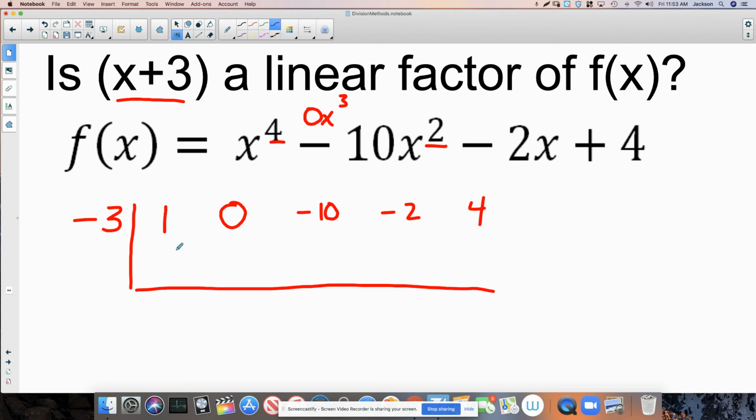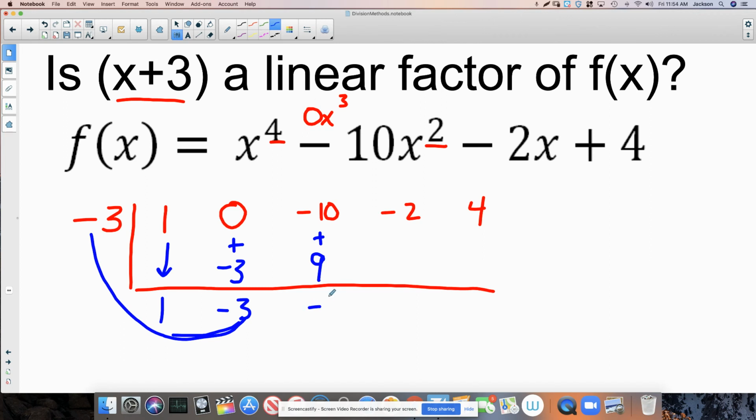We take this number and we write it down here, automatic every time. -3 times 1 is -3, and then we add, we get -3. Then we do -3 times -3, well, that's fine. -3 times -3 is +9, and we add.